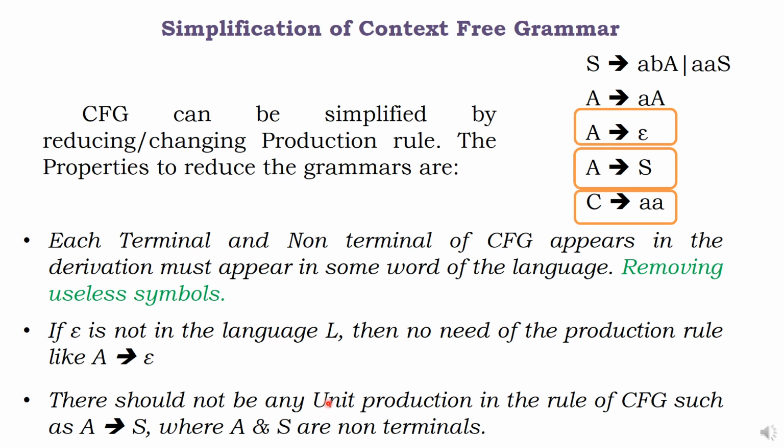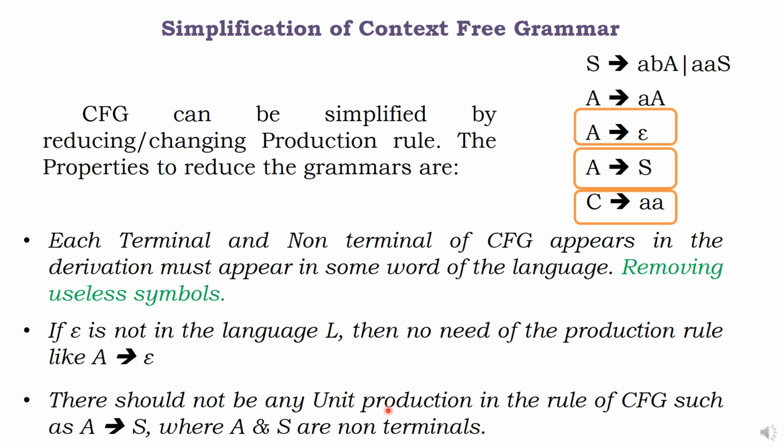What is unit production? A capital letter is a variable, as I have already discussed. When one variable gives another variable, what is the use of that? Instead of this variable, we can directly go ahead with the value. So, one variable giving another variable is nothing but unit production. Even unit production can be removed.